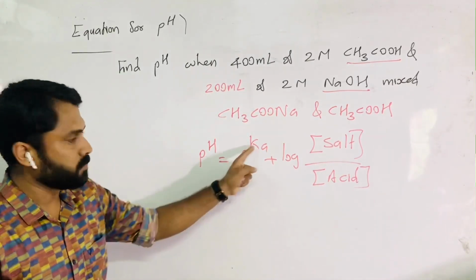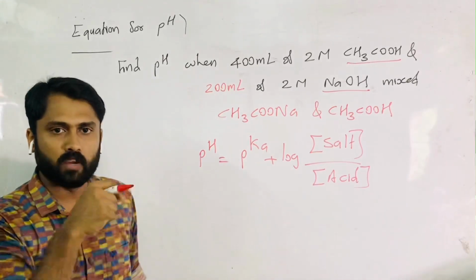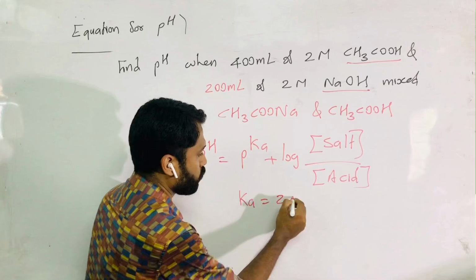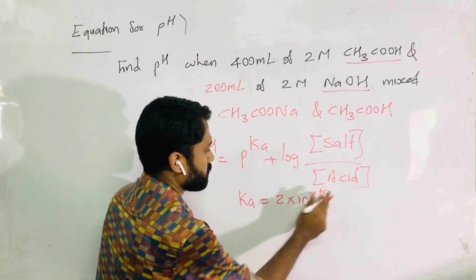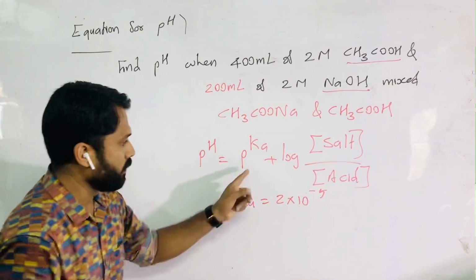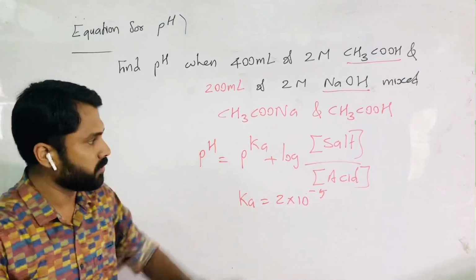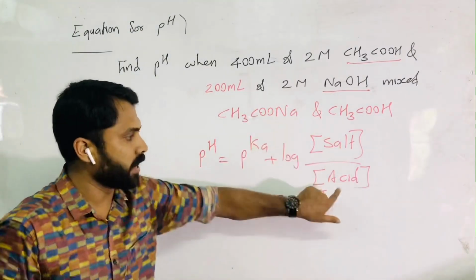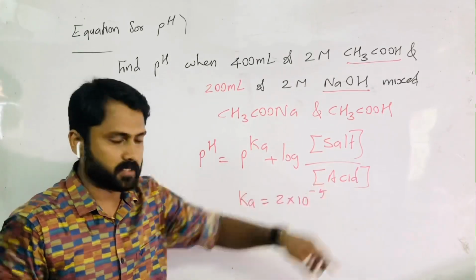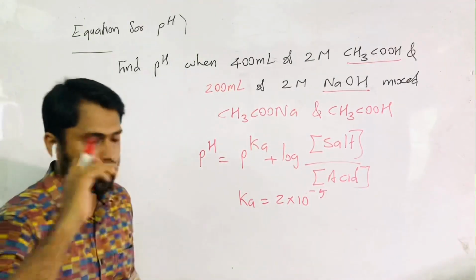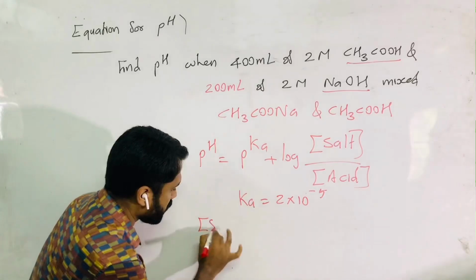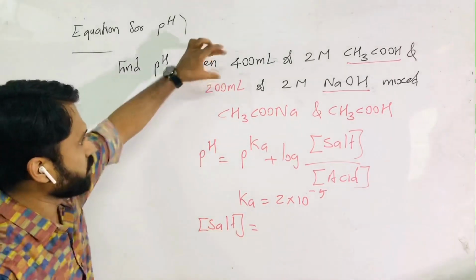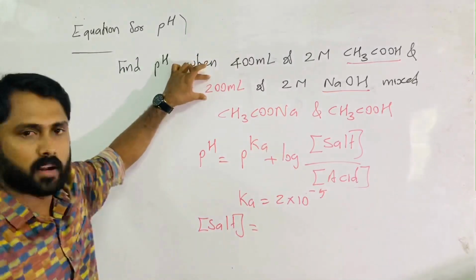Okay. What is pKa? In this question also we should know Ka. That will be given as 2 into 10 raised to minus 5. So we will calculate pKa, no problem. Then which one do we require? Concentration of salt and concentration of acid. Concentration of salt: we can simply think that it is 400 ml and 200 ml.